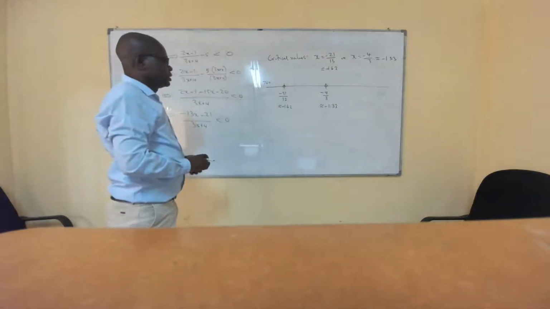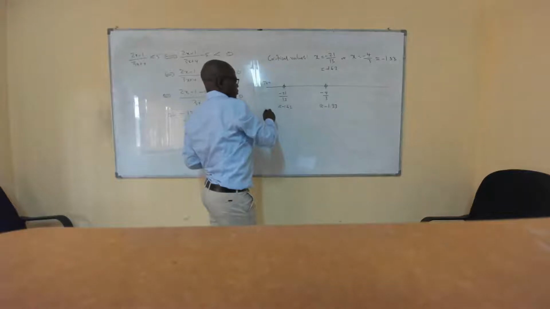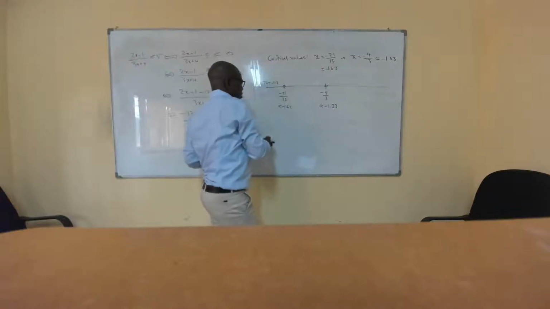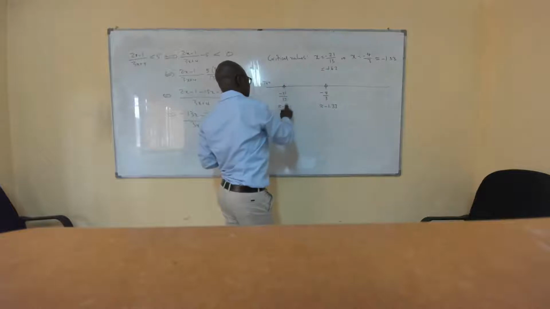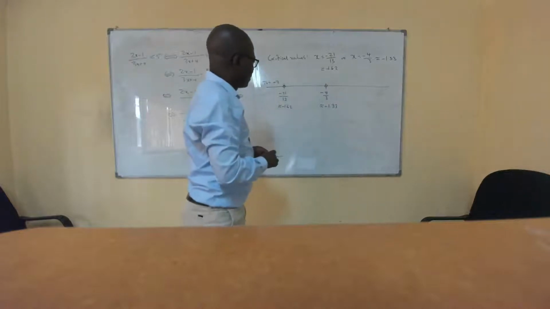You can pick negative 1.7 if you want, or maybe negative 2 can work.